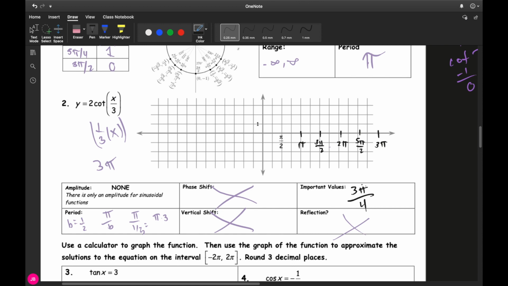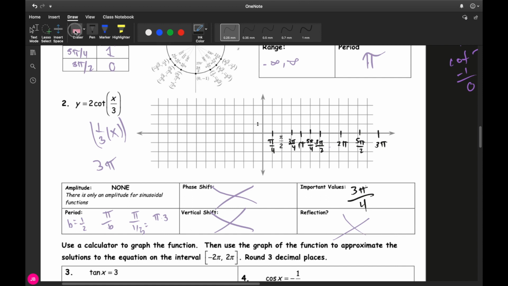So every 3 pi over 4 is going to be an important value. Now, since that's a little bit weird for us to see here, we're actually going to go ahead and also label the pi's over 4. So this is pi over 4. This is 2 pi over 4. This is 3 pi over 4. So that's going to be our first important value right there. It's going to be 5 pi over 4. And then this is 6 pi over 4. So that's going to be our next important value.